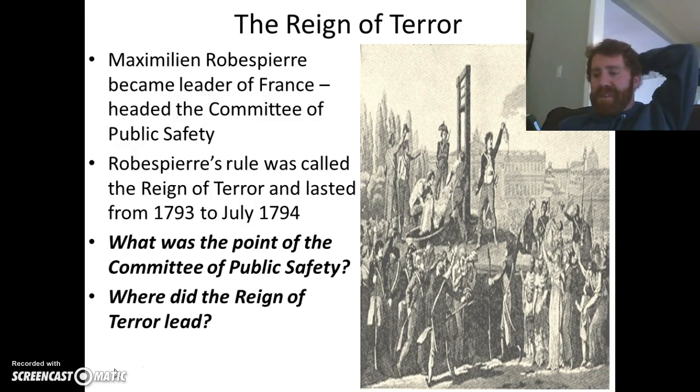About 85% of these people were members of the urban poor, members of the peasant class. They were the reasons why this revolution was launched in the first place, and now they're the ones making up the bulk of the executions during this Reign of Terror.